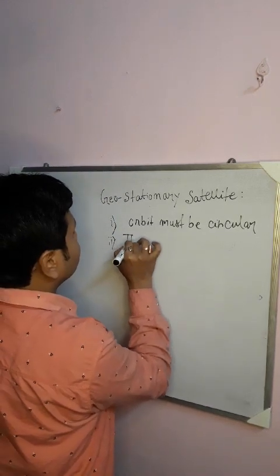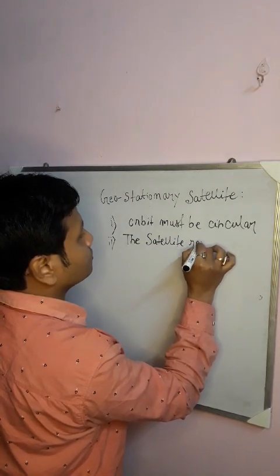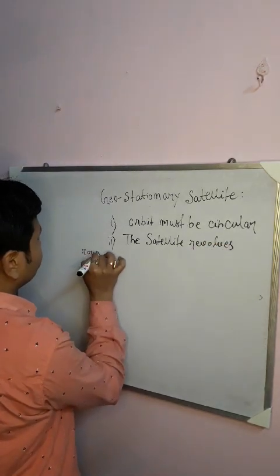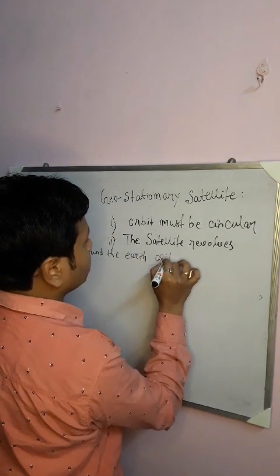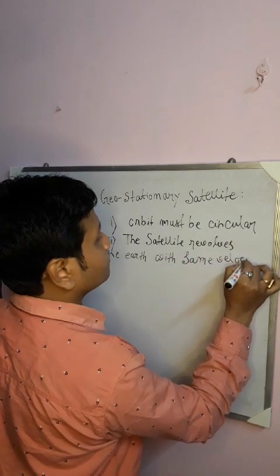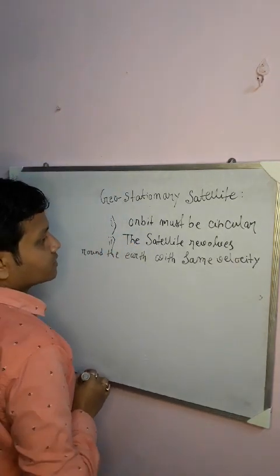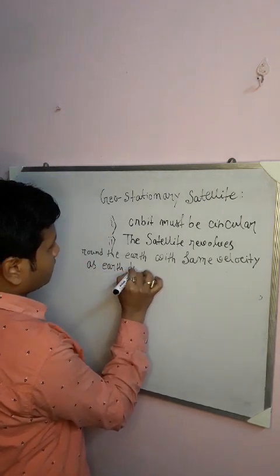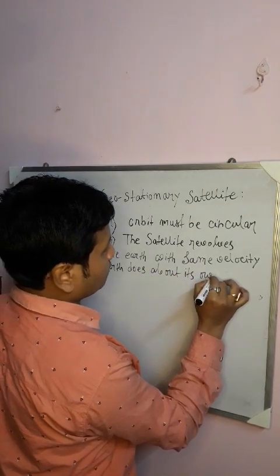And the satellite revolves around the earth with the same velocity as the earth does about its own axis.